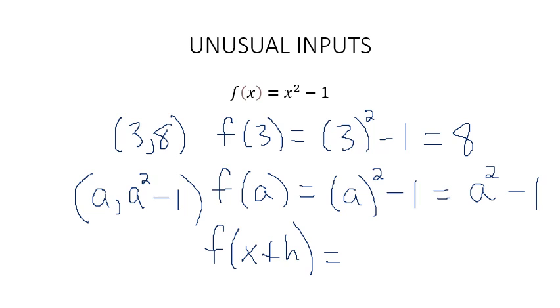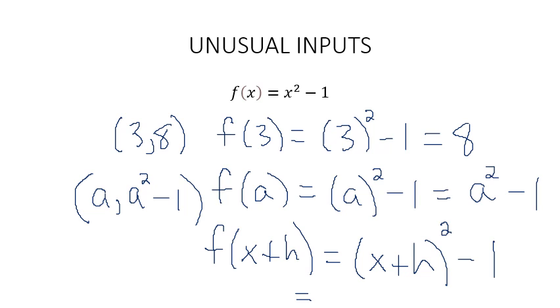So this time, the x on the left-hand side was replaced with x plus h, so I'm going to have to do the same thing with the right-hand side. So instead of x squared, I want the entire expression x plus h. I want to square it and take away 1. This needs to be squared using distribution or foiling.